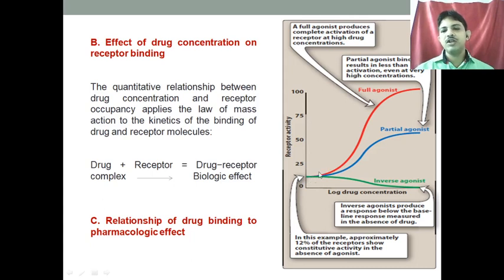The partial agonist has a similar effect in the same direction as the full agonist, but it is less than 100%. In the case of the inverse agonist, it comes to zero; that means they do not have their own activity, but they block the effect of the agonist. So intrinsic activity is zero, and for the inverse agonist it goes to minus 1. All of this we have already discussed, but it is also important what type of agent is binding and producing the pharmacological effect.